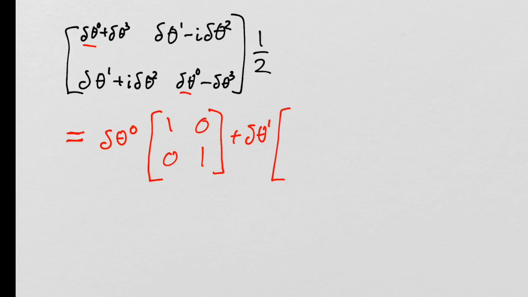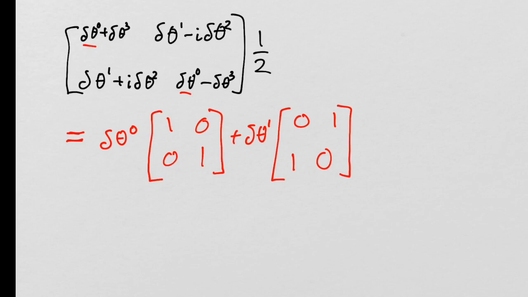Theta 1, right, which shows up here and here, right, with an I in front of it, right? So that would be 0 minus I. No I, sorry. No I. Just, in fact, no minus either, right? Boy, I got that wrong.